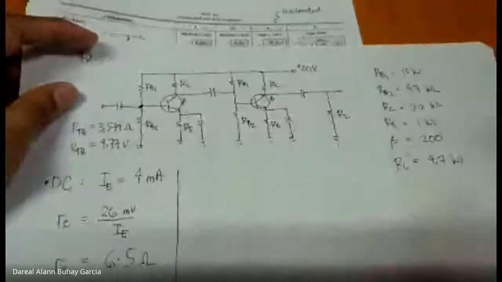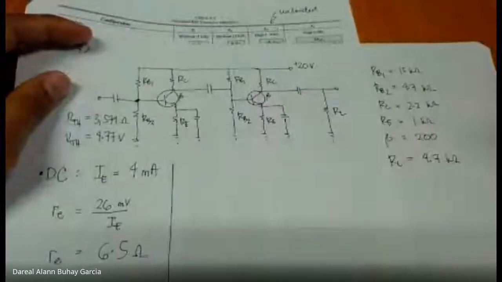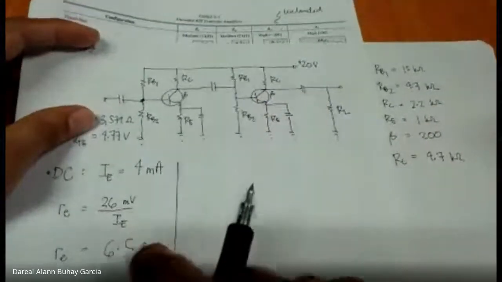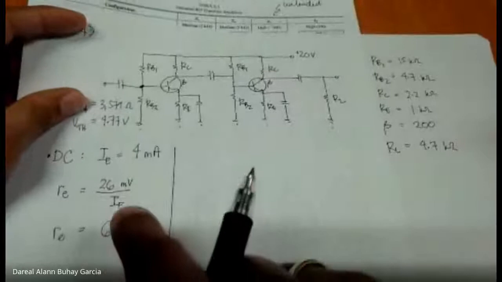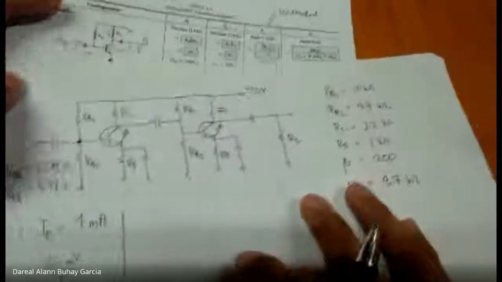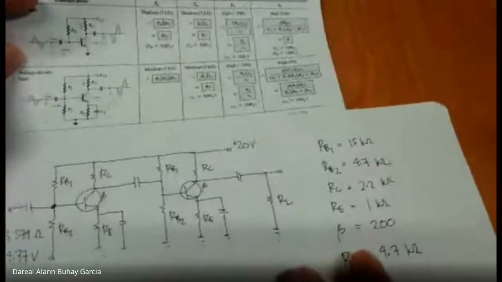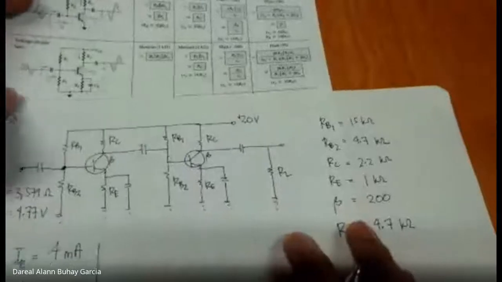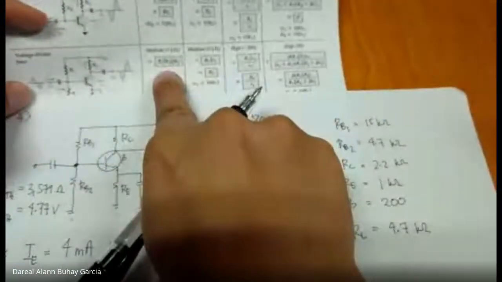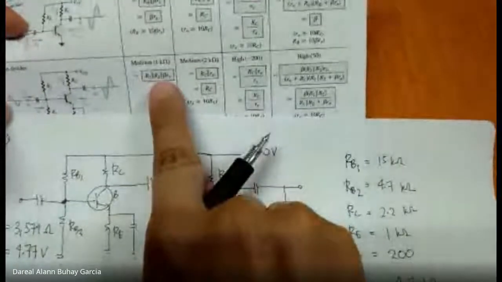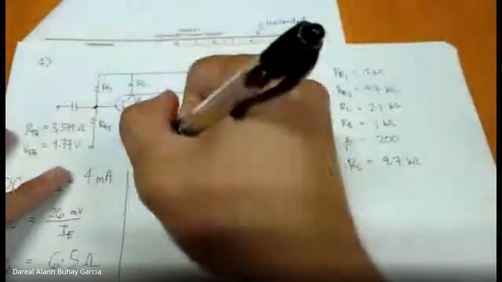So, ang hard nga analysis is niundang na dire, no? Sa RE. Gamit tag-table. Okay. ZI is R1 parallel R2 parallel beta RE. Okay, kay voltage divider man eh.